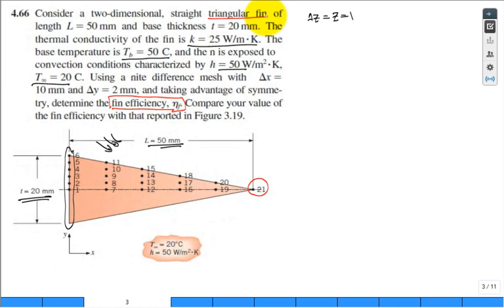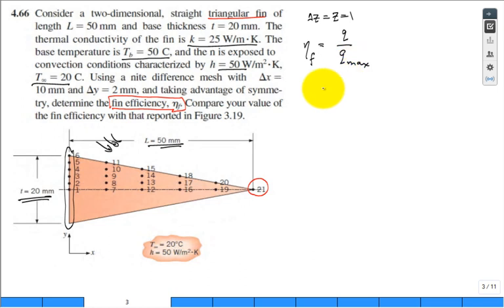Well, you're going to solve for the temperatures at each of those nodes. And then once you have the temperatures at each of those nodes, you're going to compute the fin efficiency as the ratio of the actual heat transfer off of that fin compared to if it was a perfect fin all at the base temperature, Q max.